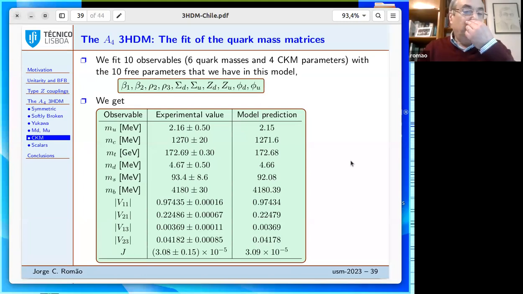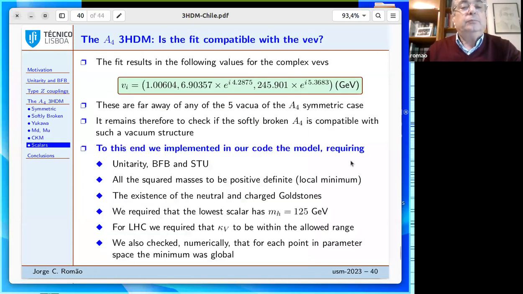Now, this is very good, but what is the problem? The problem is that the VEVs that we get in this way are very, very far away from those 5 vacua that we have in the A4 symmetric case. In fact, they have some kind of hierarchy, and of course, the hierarchy comes from the hierarchy of the quark masses, and these are the values that we get.